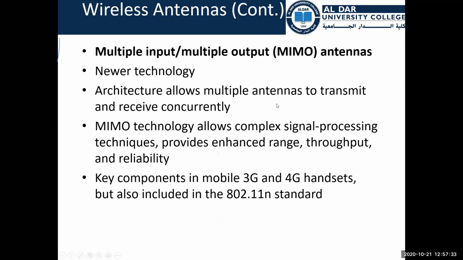So it has multiple inputs and multiple outputs, and it can use the full duplex capability. So it has faster speed, as you said, Abdullah. Full duplex is faster than half duplex, because in half duplex you have to wait for the other one to receive from its side or send to its side.